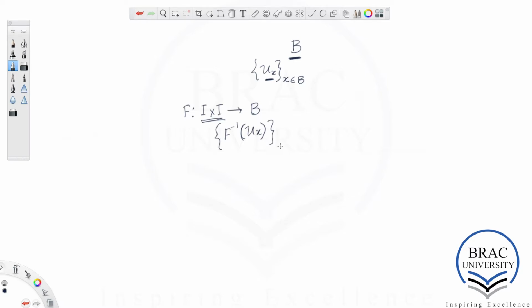So we take this collection as X varies in B, and we get an open cover of I cross I. Okay, so by Lebesgue number lemma, there exists a positive number delta that we call the Lebesgue number associated with this open cover of I cross I.